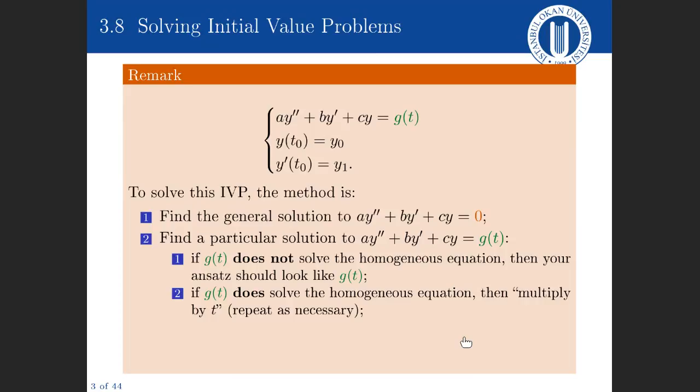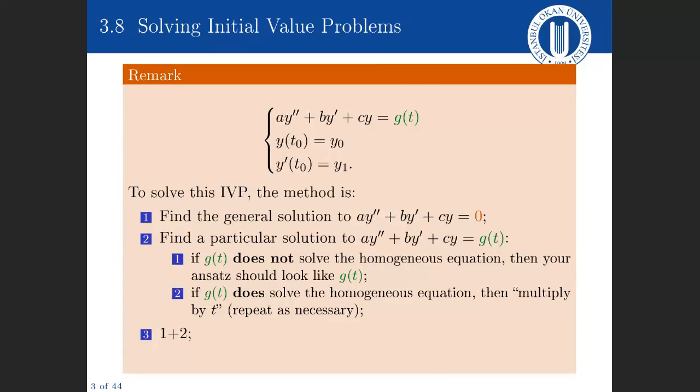If g(t) does not solve the homogeneous equation, and if we have a complicated function, we'll look at each part separately, then our ansatz should look like g(t). But if the function g(t) does solve the homogeneous equation, then we're going to use the trick of multiplying by t. And if necessary, we can multiply by t a second time, a third time, etc.